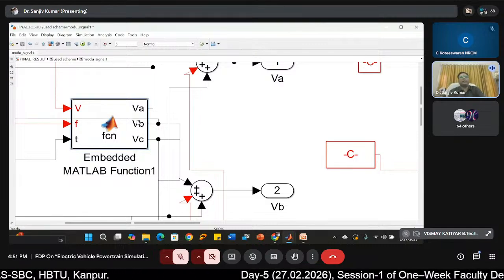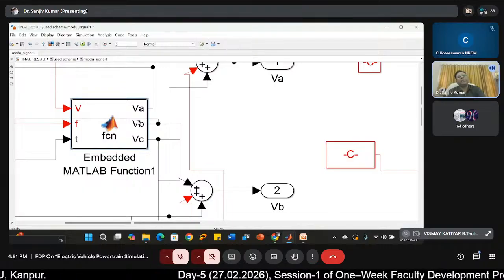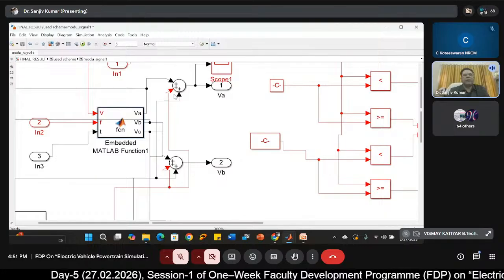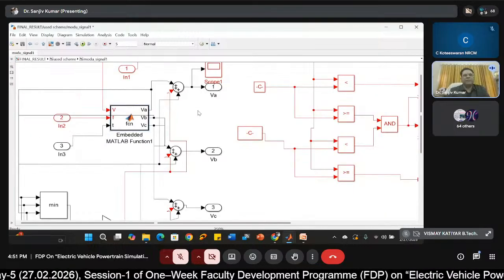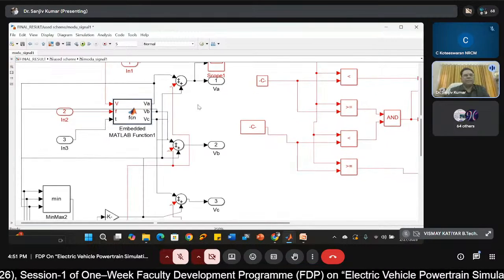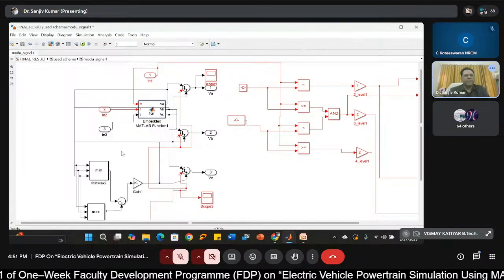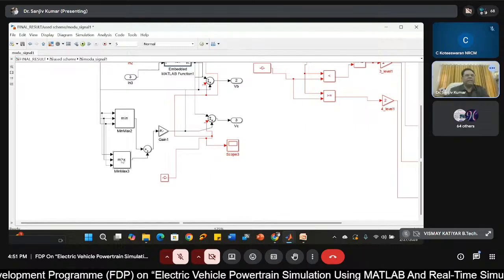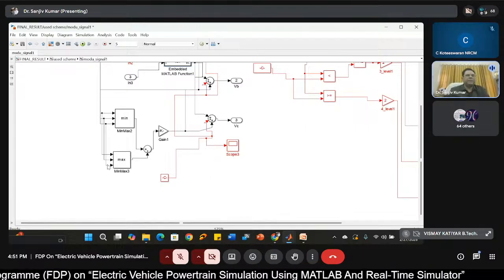Now we have to find out the maxima of VA, VB, VC. There is a math block that finds the maximum of these three signals.